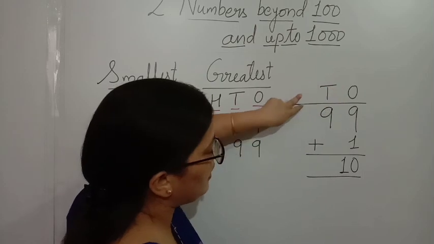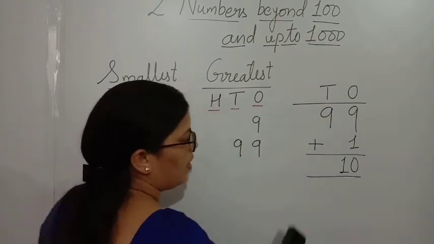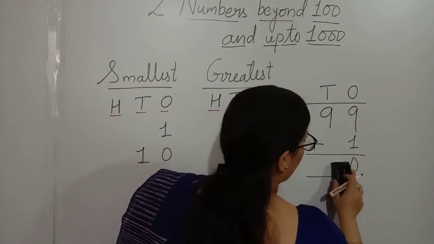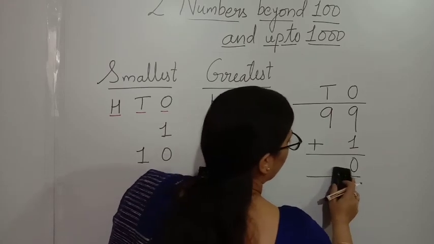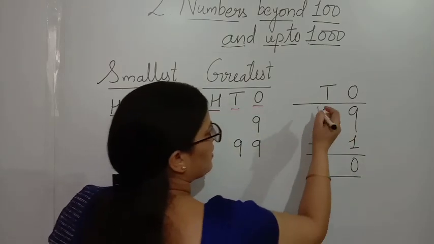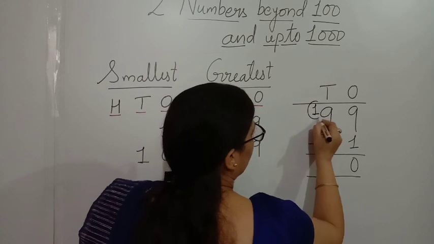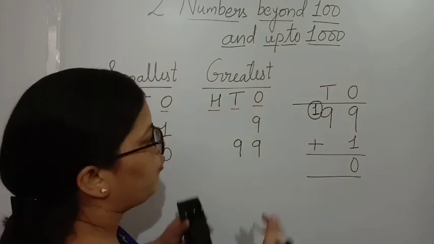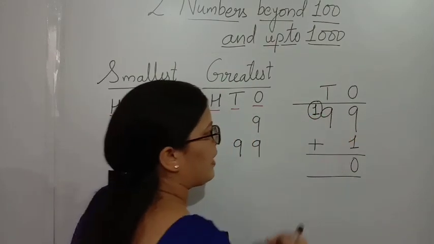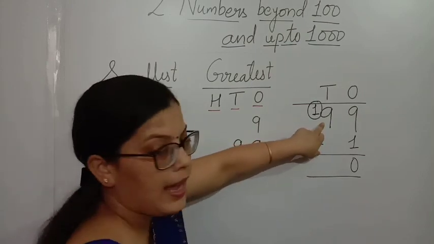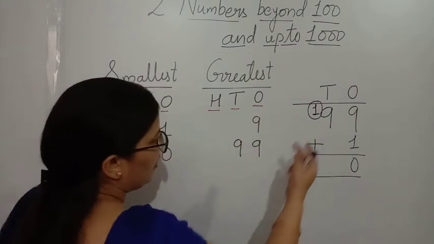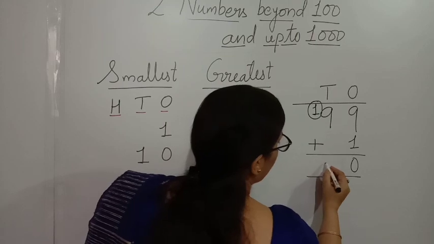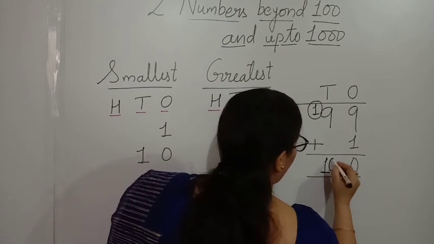So here we'll shift 1 to the next place, that is the tens place, and we'll add this 1 to the digit at the tens place. So 9 plus 1 is 10 again.